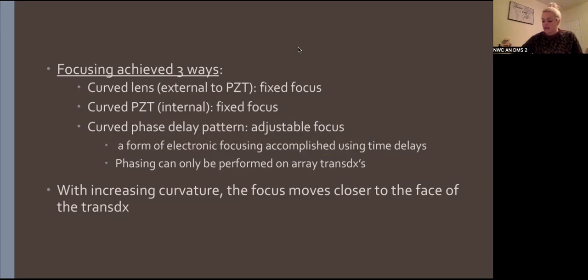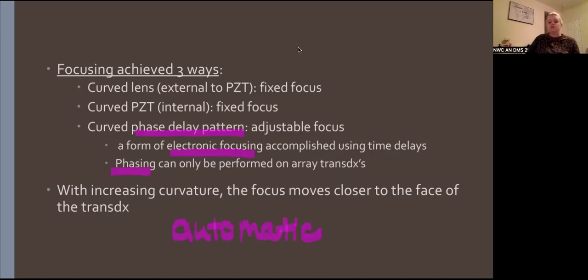These are AKAs, so make sure you know all of this. We call them phase delay patterns, phasing, or electronic. Phase delay patterns, electronic. Say it all the time, say it always together. One more: automatic.